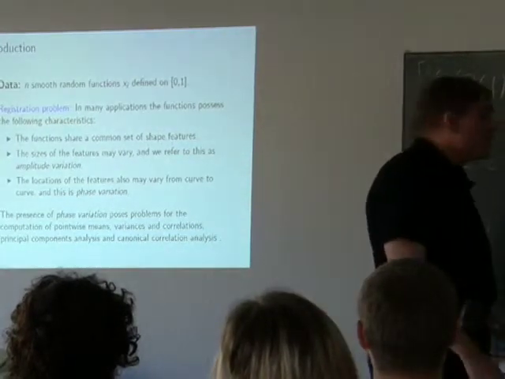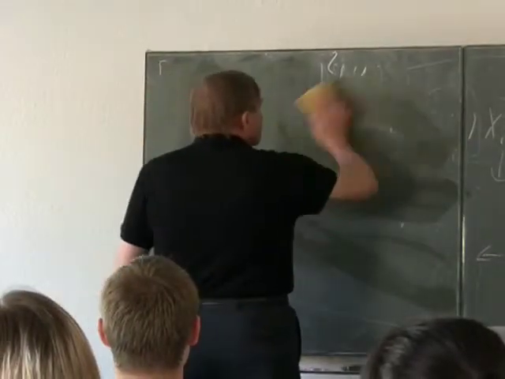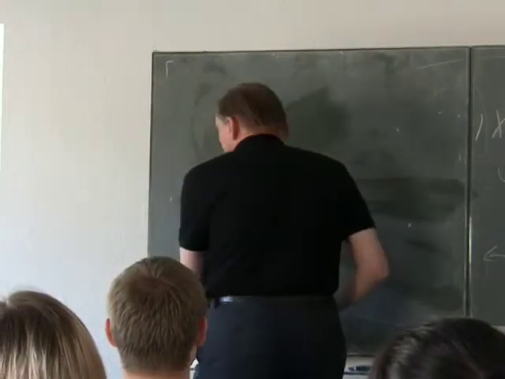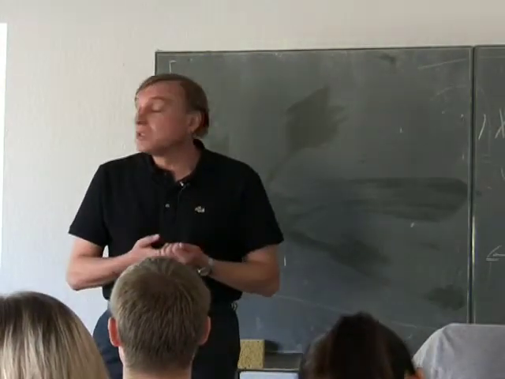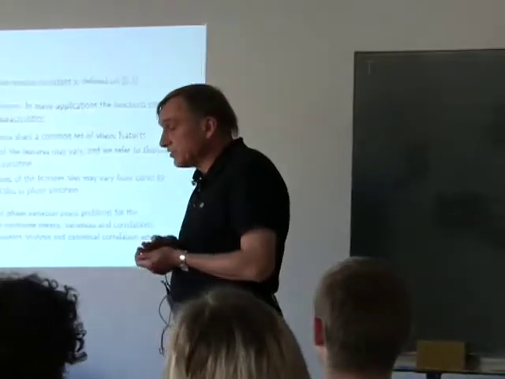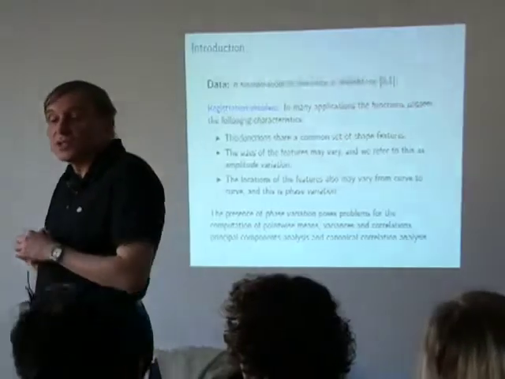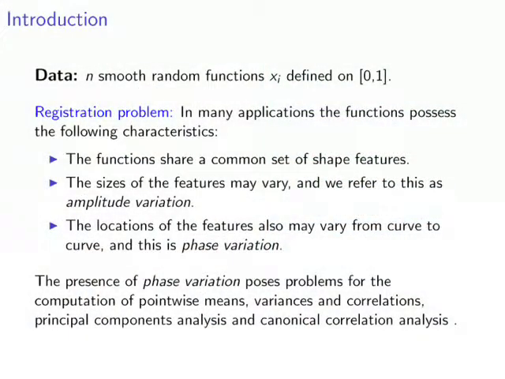And in many cases, if you have samples of curves, for example, growth curves or something like that, these features are very similar from one curve to another. And the sizes, for example, of peaks and valleys, they may vary. If there's a particular peak, it may be higher for one individual, for one curve, than for another. And we refer to this as amplitude variation.